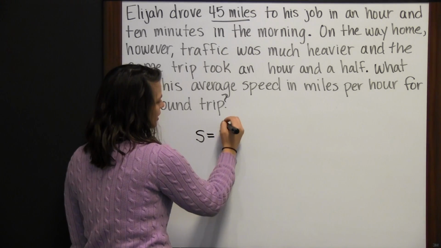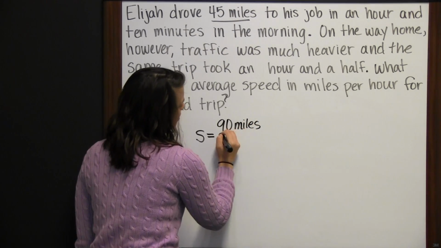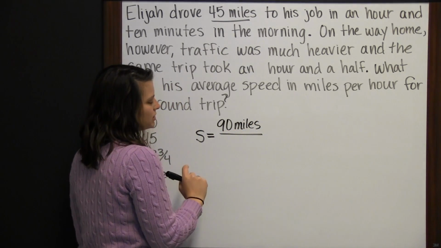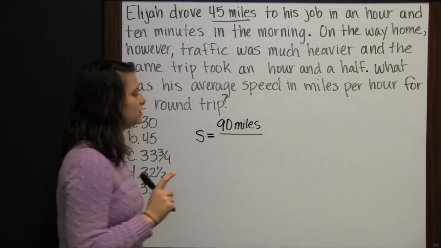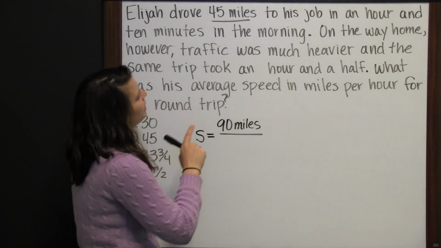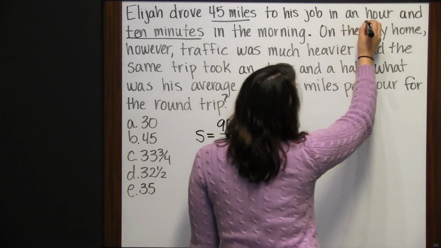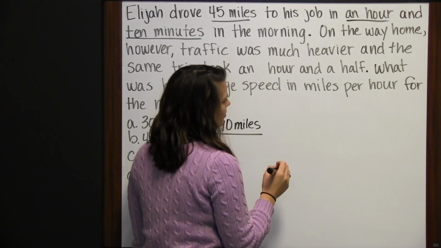Speed is calculated by dividing your distance by your time. So we've got his total distance. Now we need to find his total time. It says it took him 1 hour and 10 minutes to get to his job.